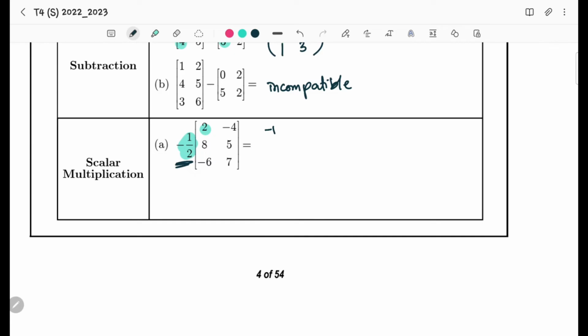Then -1/2 times 4, you get -2. And then -5/2, 3, and lastly -7/2.